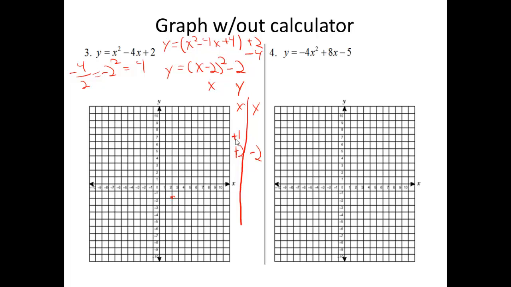So we go positive 1, 0, and then we go 3 and 4. We see that 1 minus 2 is a negative 1, and we square that. We're going to have a positive 1, minus 2 is, again, going to be a negative 1. When we have 0 minus 2, we have a negative 2. A negative 2 squared is positive 4. A positive 4 minus 2 is going to be 2.